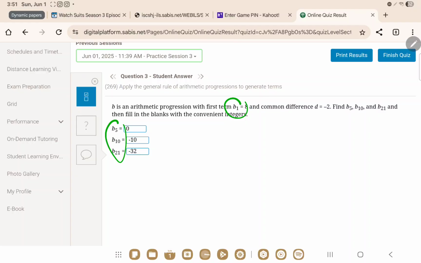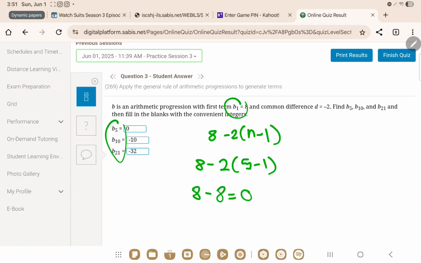The equation is a1, or in this question, b1, so 8, plus the difference, which is negative 2, into n minus 1. Now 8 minus 2 into 5 minus 1, for the 5th term. So 8 minus 2 times 4, which is 8 minus 8, equals 0.